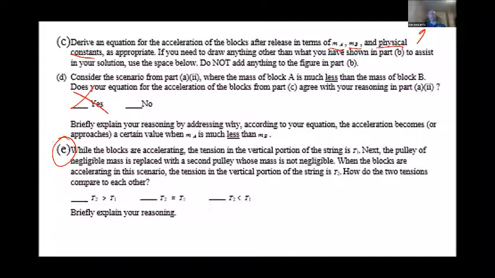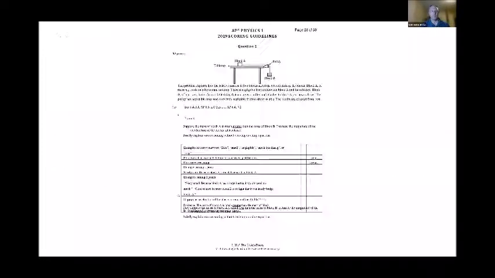I'm going to give you about 2 minutes to read it and formulate your own answer. So I'm going to go back to the picture for a minute.